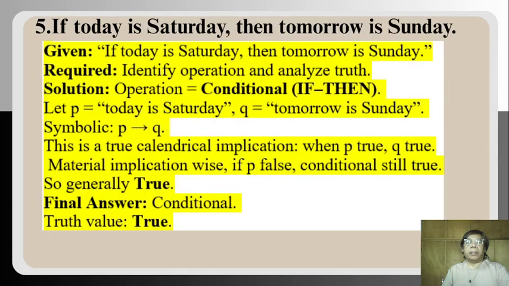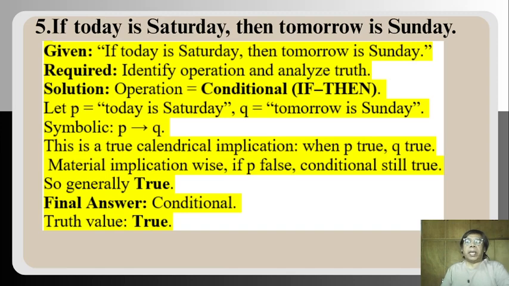Number 5. If today is Saturday, then tomorrow is Sunday. Given: if today is Saturday, then tomorrow is Sunday. Required: identify the operation and analyze the truth. Solution: operation, conditional, if-then. Let P be today is Saturday, Q tomorrow is Sunday.